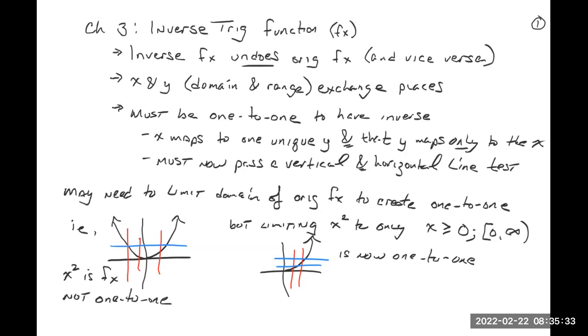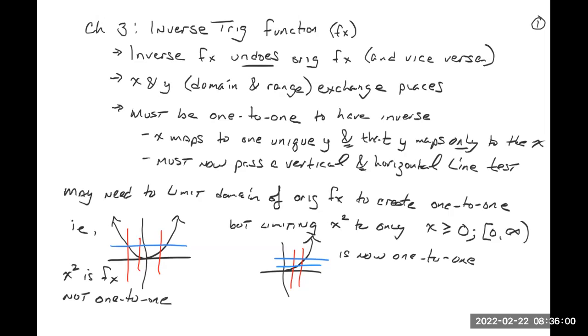But when I draw a horizontal line to check for one-to-one, I fail because I touch the graphed thing more than one time. So in order to be one-to-one, we now have to pass two tests. We must pass the vertical line test for function and also the horizontal line test for one-to-one.